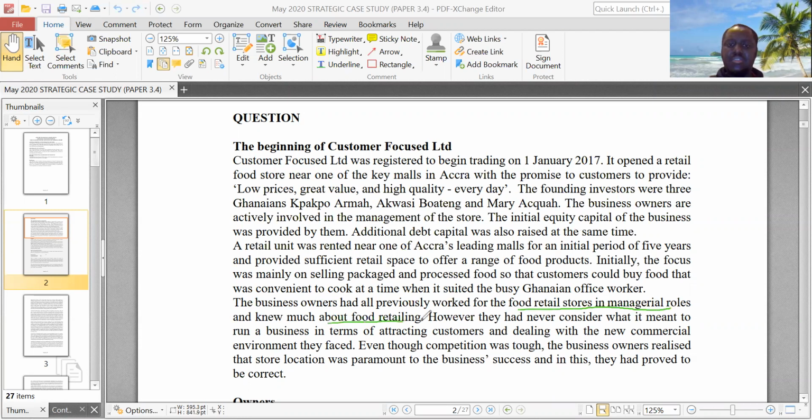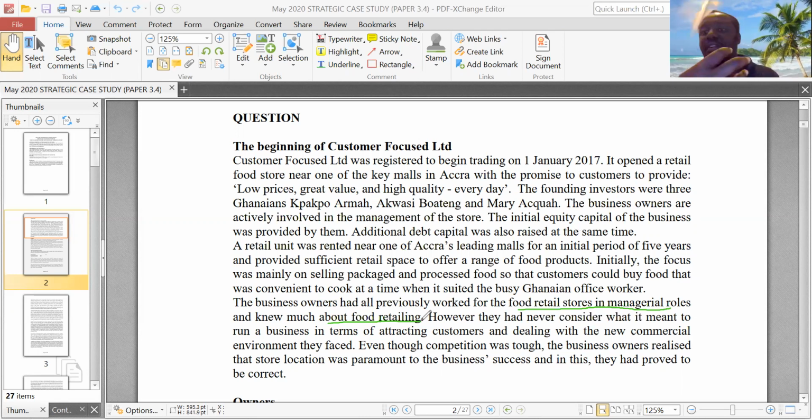So this is an advantage, right? The experience of the founders is a strength. They have experience when it comes to the food retailing business because they've worked in managerial roles. So that is a strength here. It's a good thing that Customer Focus Limited has.